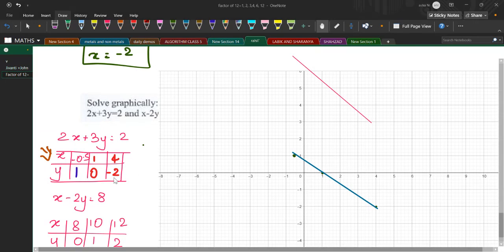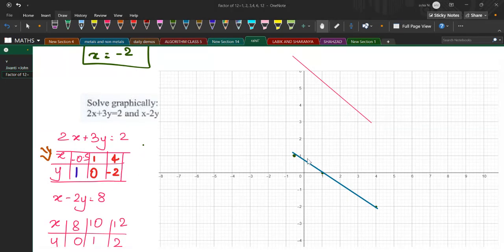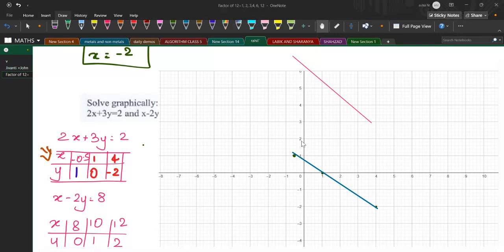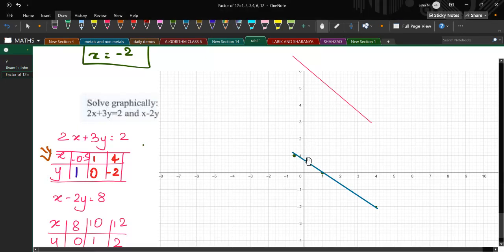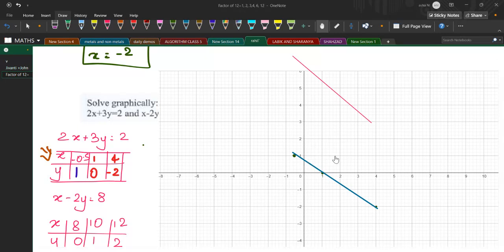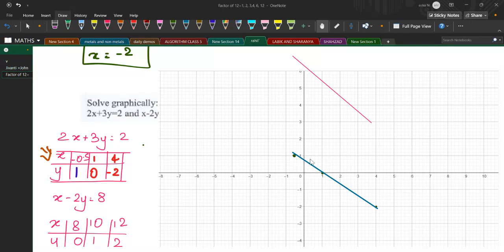So first we got minus 0.5 and 1. So it is here. This is point A for the first equation. 1 and 0, 1 from the x-axis, 0 from the y-axis. This is B. 4 and minus 2. Definitely we will be getting a straight line. So the first one we got the straight line already.